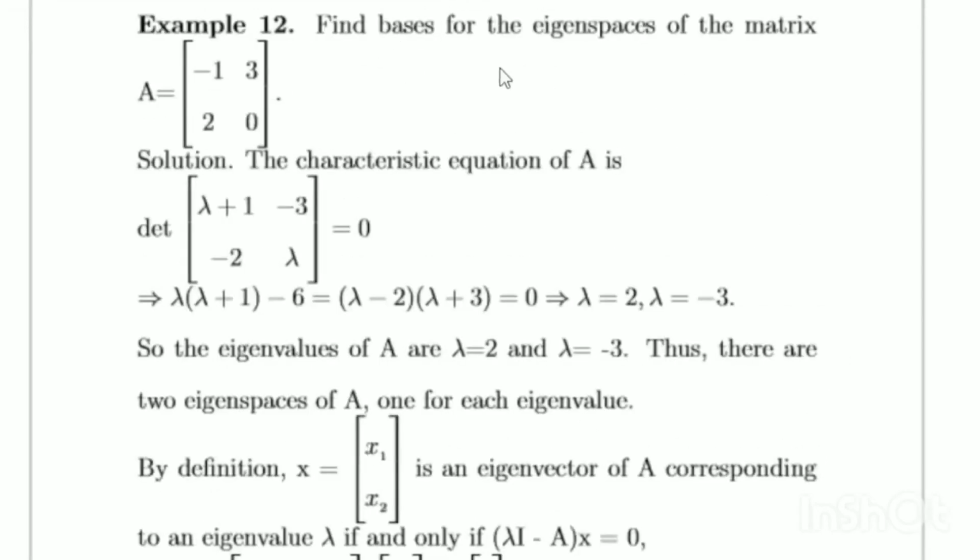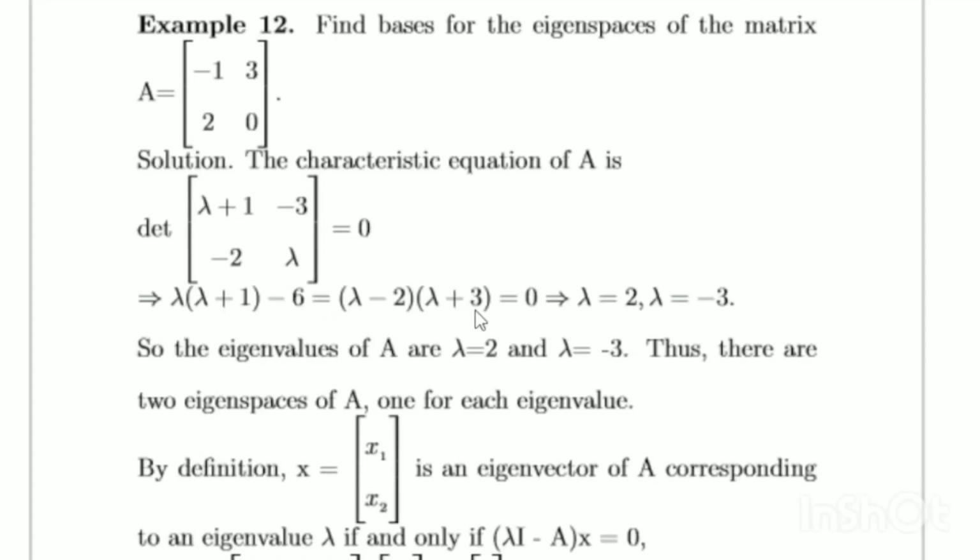Find the basis for the eigenspaces of the matrix A equal to minus 1, 3; 2, 0. First of all, we have to find the characteristic equation of the matrix A. The characteristic equation of A is given by determinant of lambda I minus A equal to 0. That is the determinant of lambda plus 1, minus 3; minus 2, lambda, equal to 0.